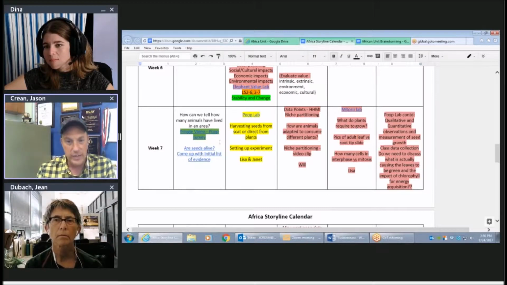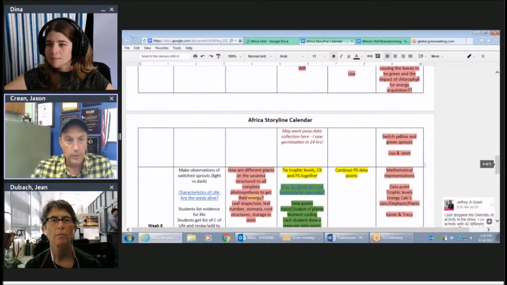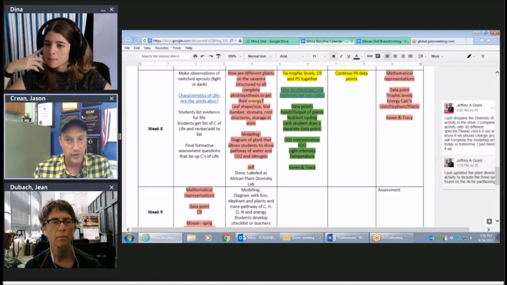And then on that Friday, they will collect their data, both qualitative and quantitative data, on those seeds to see what happened. And ultimately, they will see that some are green and some are yellow, and that there's that chlorophyll obviously plays a role.